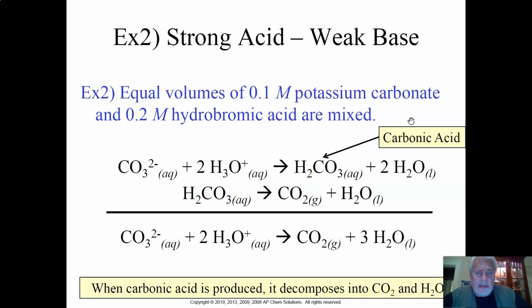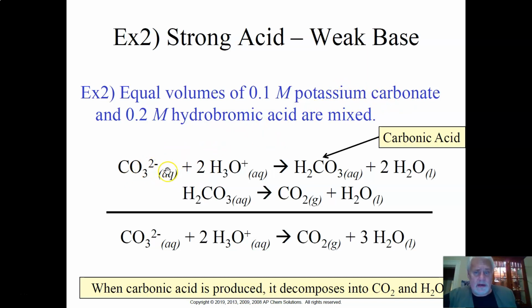Okay, now this one is a little more involved chemical reaction. So if you had equal volumes of potassium carbonate, which is 0.1 molar, and 0.2 molar hydrobromic acid mixed, write the equation for that one. So obviously the potassium's kind of out of play there.